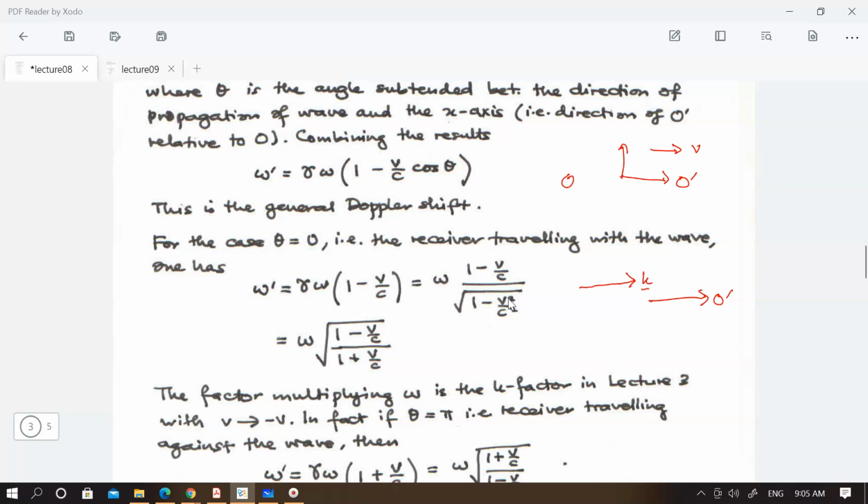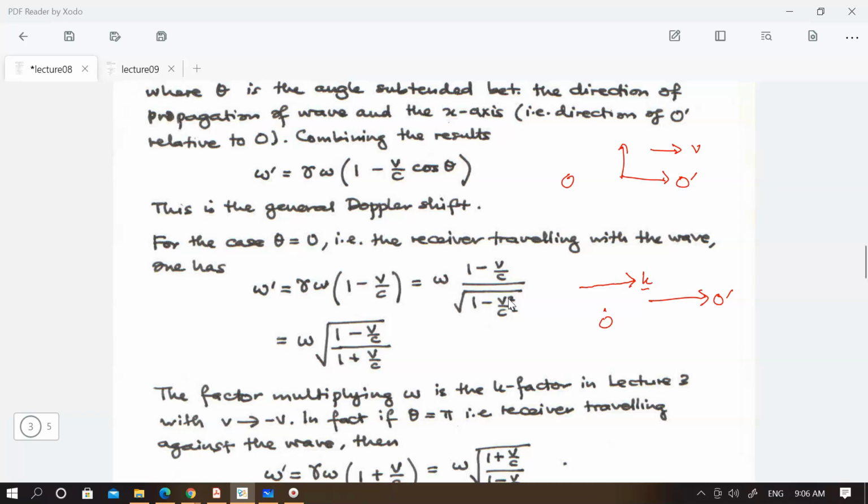So this k will be observed by both O, which is considered stationary, and your O dash, which is going to be moving. So your omega over here is the one observed by O, and omega dash is going to be observed by your O dash.